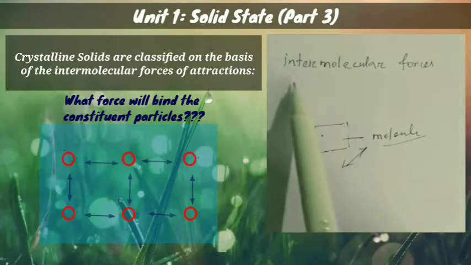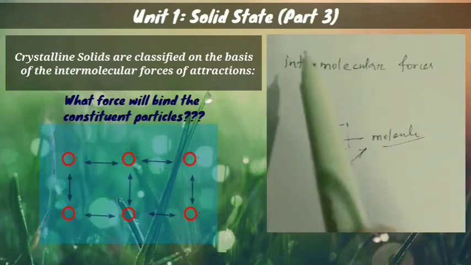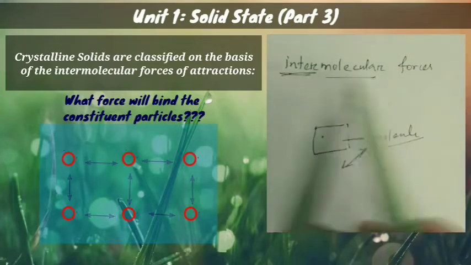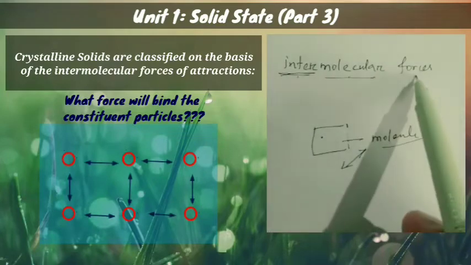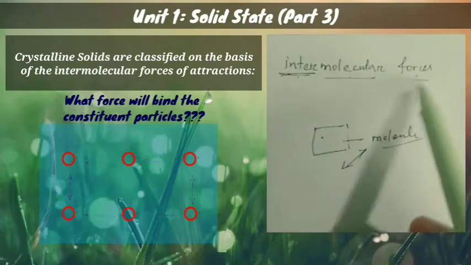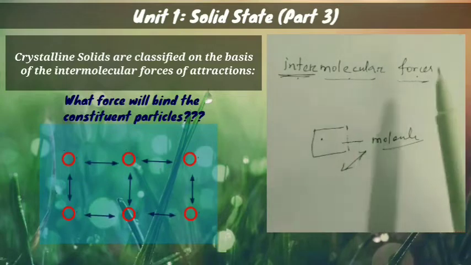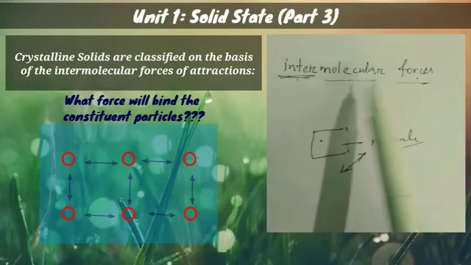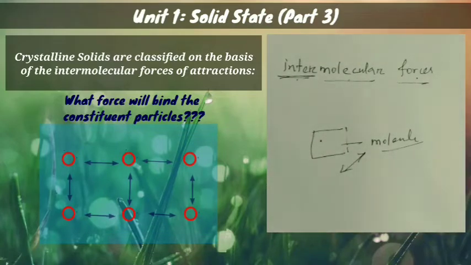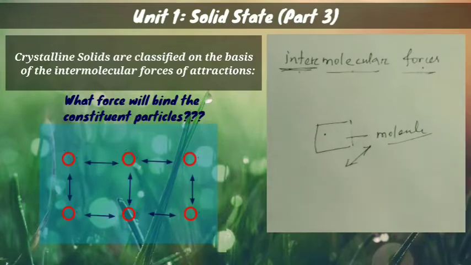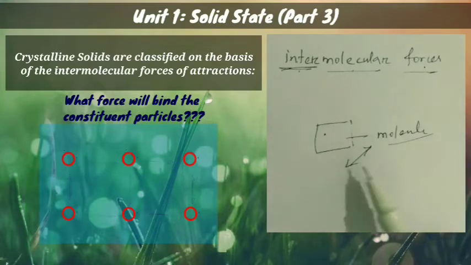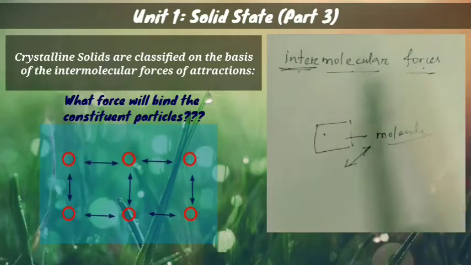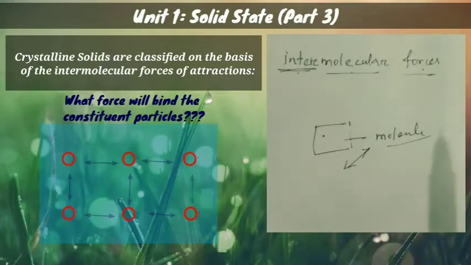Inter means in between the molecules, so intermolecular forces are the forces between the constituent particles which bind them together to form that solid. On the basis of these forces we are going to divide all crystalline solids.